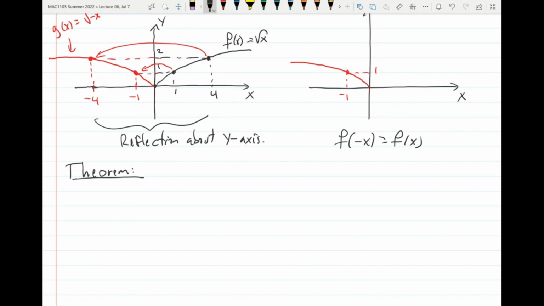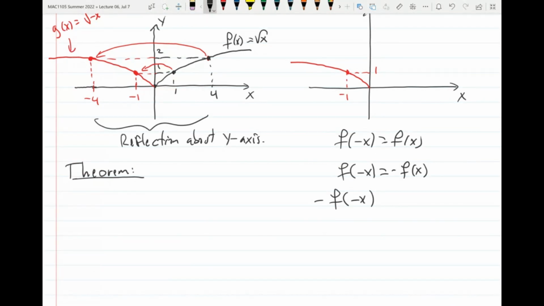Yes? Now, odd means that f of negative x is minus f of x. In other words, it doesn't matter. This is actually telling us that you can either reflect about the y or about the x, you're going to obtain the same picture. Okay? The same outcome. Now, if you do this transformation twice, which would mean reflect about the y, then reflect about the x, or reflect about the x, then reflect about the y, however you want to call it, what do you end up with?